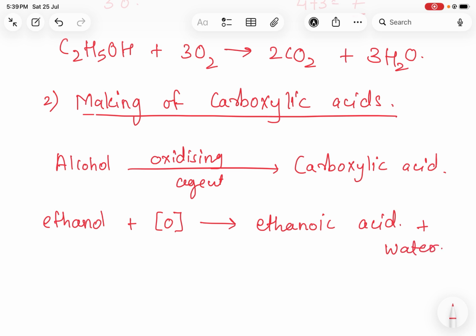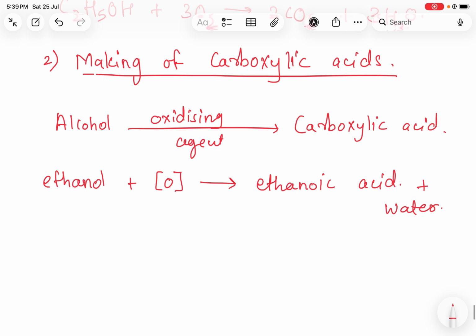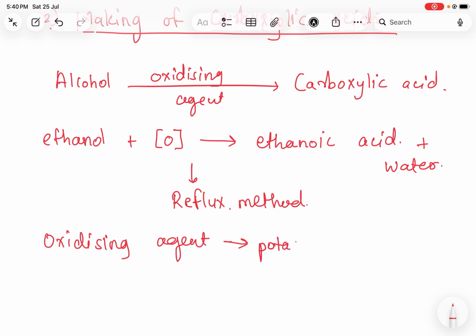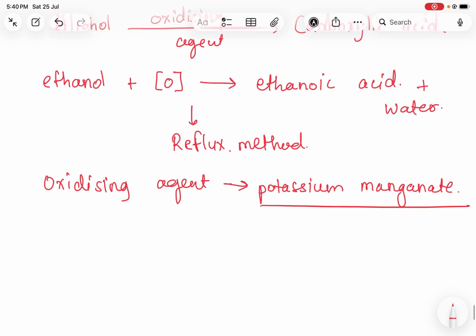Okay, so this is being done by the reflux method. So the oxidizing agent used here is potassium manganate.